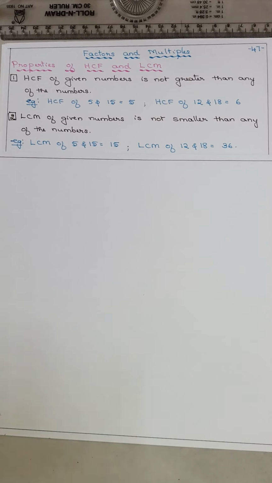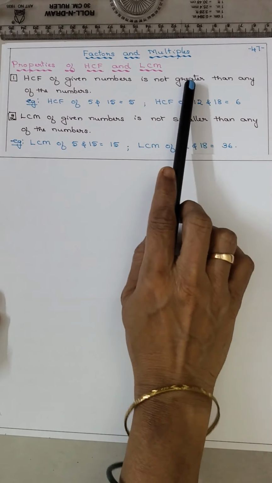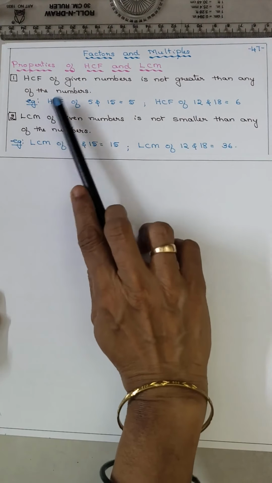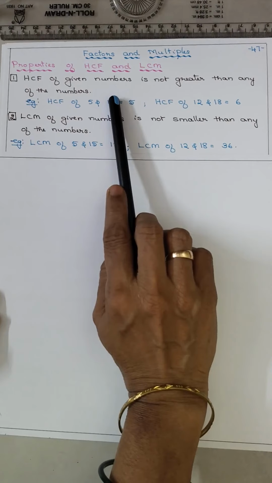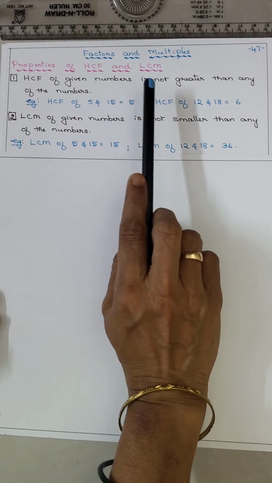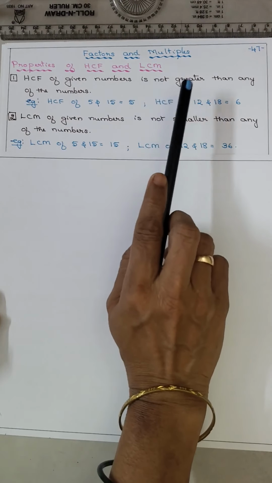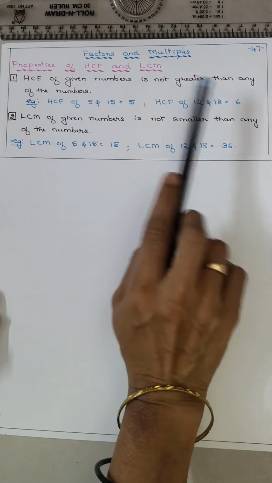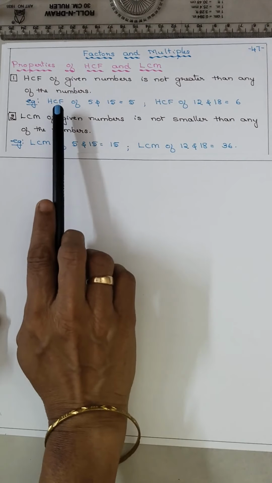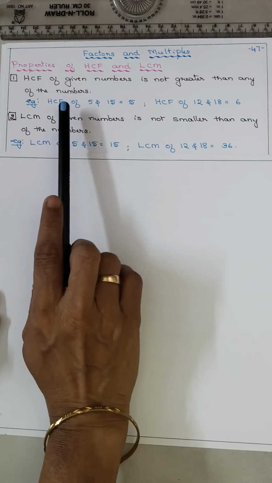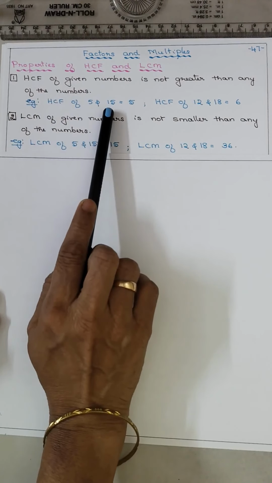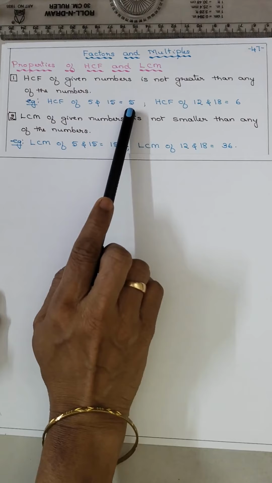The HCF of a given number is not greater than any of the numbers. So whenever you find out the HCF of two or more numbers, it will not be greater than any of the numbers. HCF of 5 and 15 is 5.